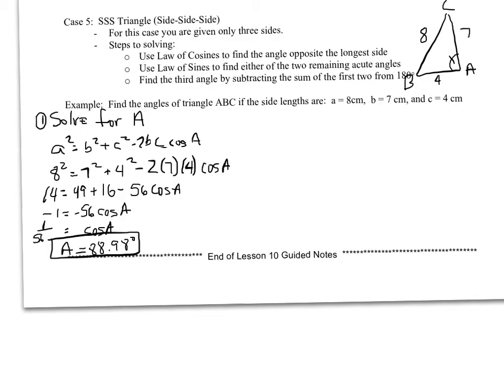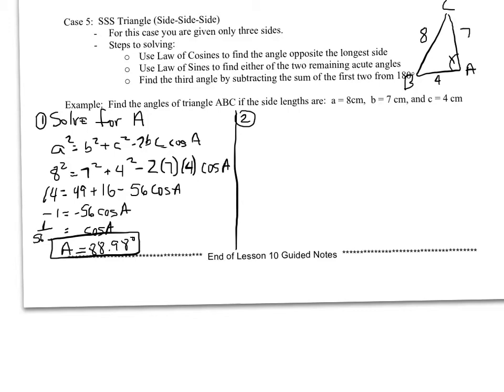Remember, we're looking for 3 angles here because we were given 3 sides. Next step is we're going to use the law of sines to find either of the remaining 2 acute angles. What we've done here is solve using the law of cosines for the angle that was most likely to be obtuse, greater than 90.